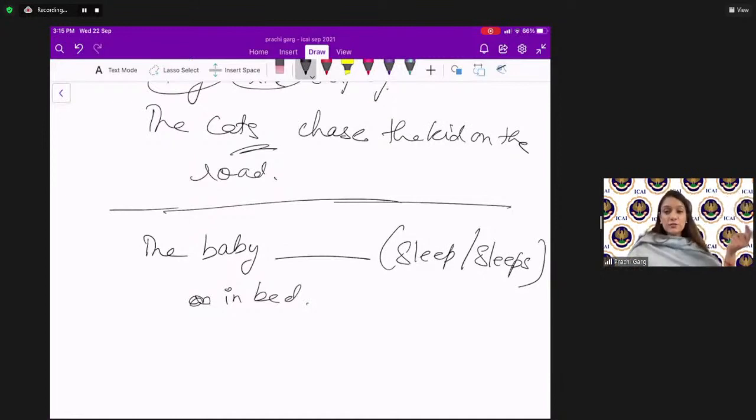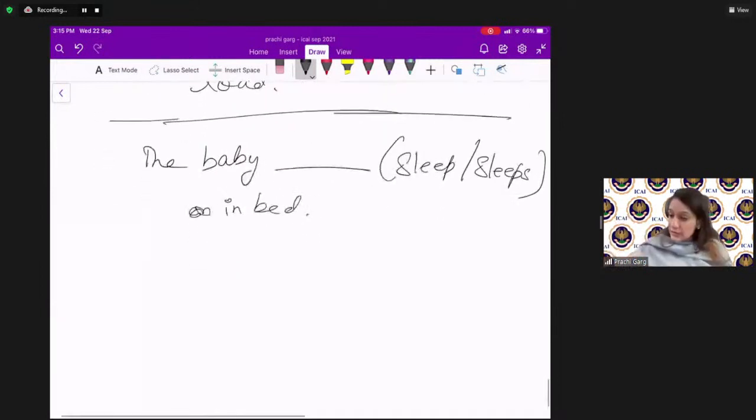So now you've understood singular verb with a singular subject, plural verb with a plural subject. Okay, great. Let's move on to the next one. When the subject of a sentence is composed of two or more pronouns and nouns connected by and, we use the plural form of the verb.